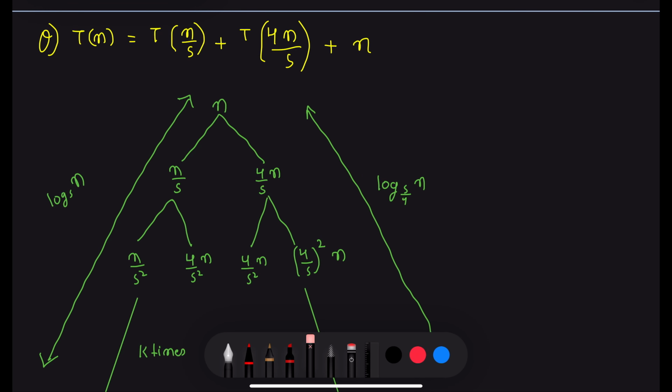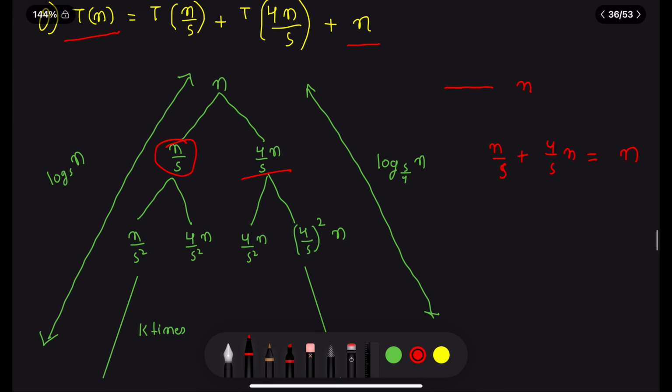Let's find the time complexity of the overall recurrence relation. For the first level it will consume n units of time, so we can write n. When the input was n, it is consuming n amount of extra time at each function call, and when the input becomes n/5, it will consume n/5 for that function call, and for the second function call it will consume 4/5 n, and if we sum up this will become equal to n.